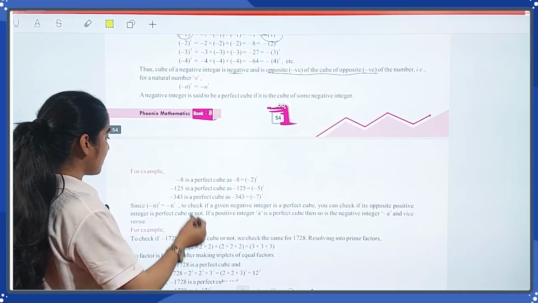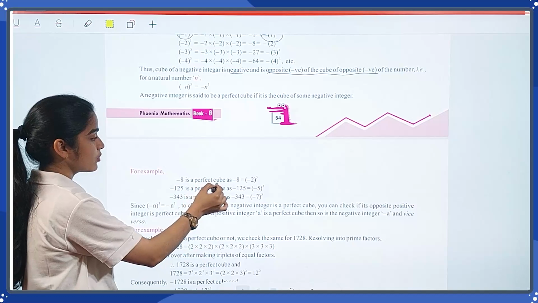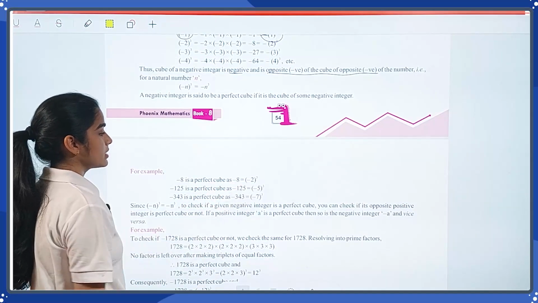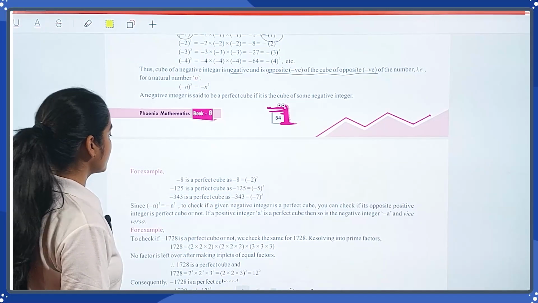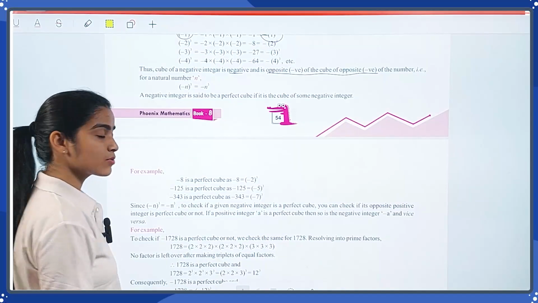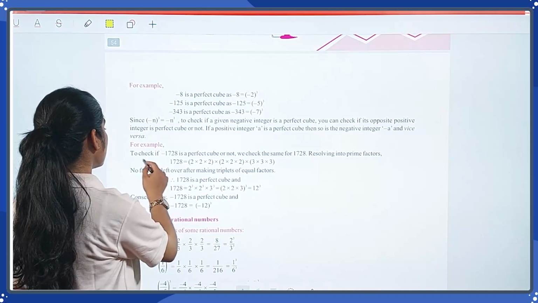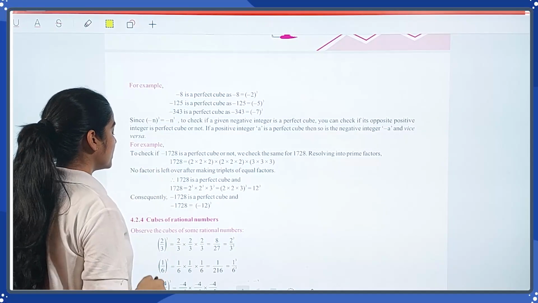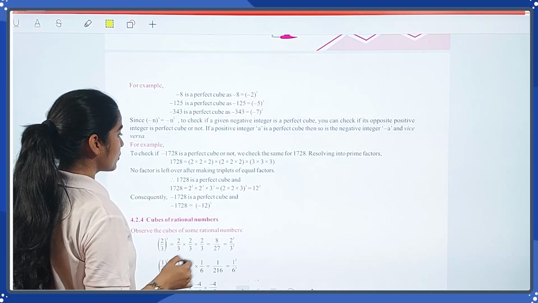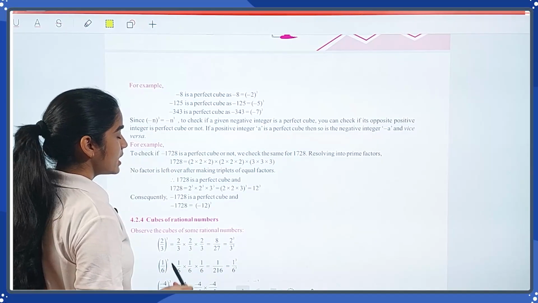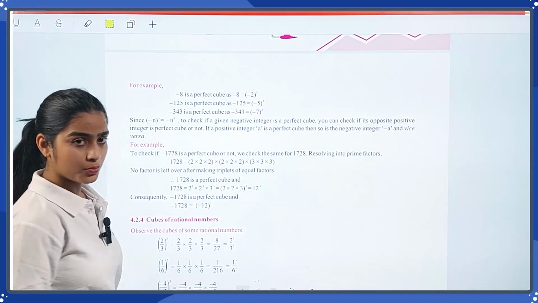For example, minus 8 is a perfect cube as minus 8 is equal to minus 2 cube. Minus 125 is a perfect cube as minus 125 is minus 5 cube. For example, to check if minus 1728 is a perfect cube or not, we check the same for 1728 by resolving it into prime factors.